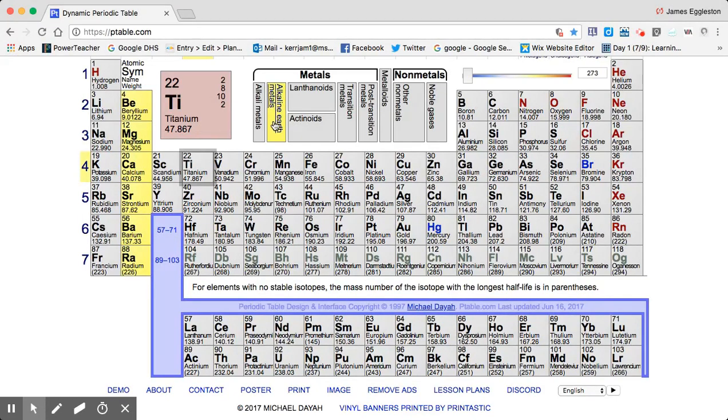These are heavy metals, and if we did not move them down lower on the periodic table, as you see them here listed, it would make the periodic table very, very wide, and it wouldn't be practical. So for publishing purposes, we take those elements and we move them down. You can see the numbers 57 through 71, and then 89 through 103 for the actinoids.